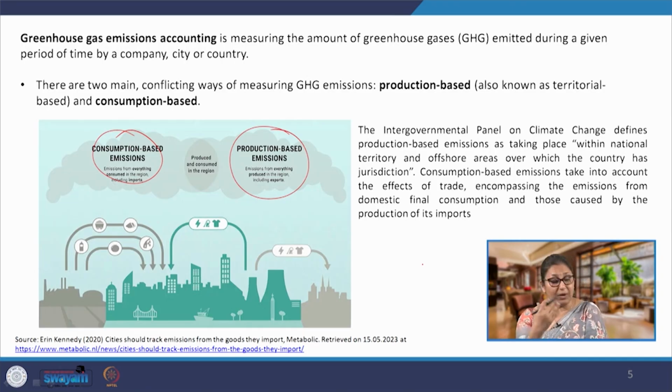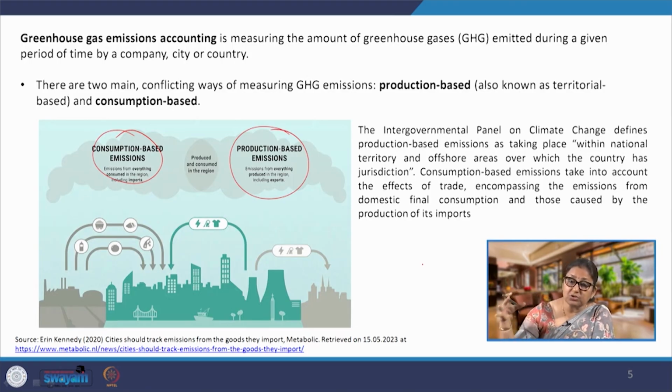Now, why at all do we want to have consumption based emissions? Because a lot of countries, which you must already be seeing in the world, have become the industries for the world, they are producing for the world. In that case, they will continue to remain the largest emitters also, because the direct emissions are happening where the industries are, and a few of the nations in the world are actually producing for the rest of the world.